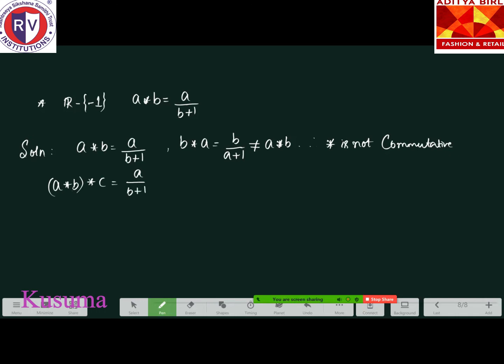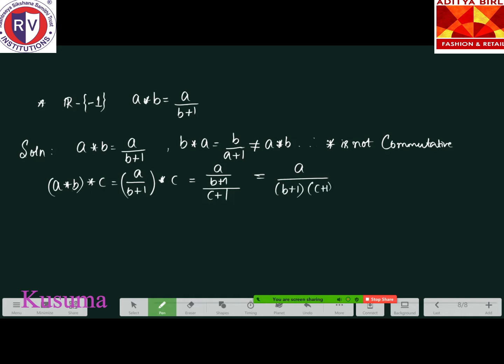Star C, which is a by b plus 1, this is the first term, divided by c plus 1. So this can be further written as a by (b plus 1)(c plus 1).